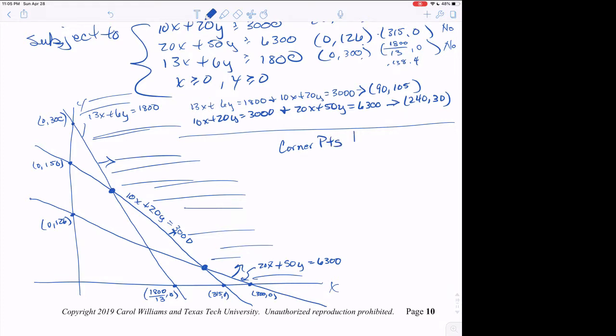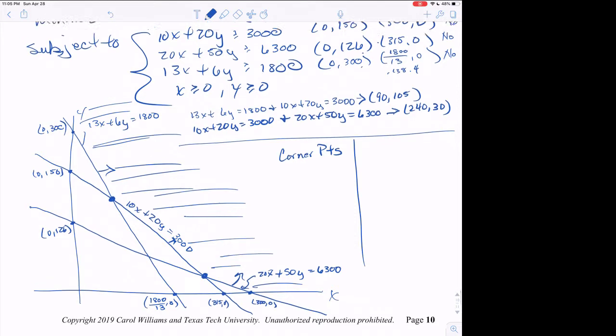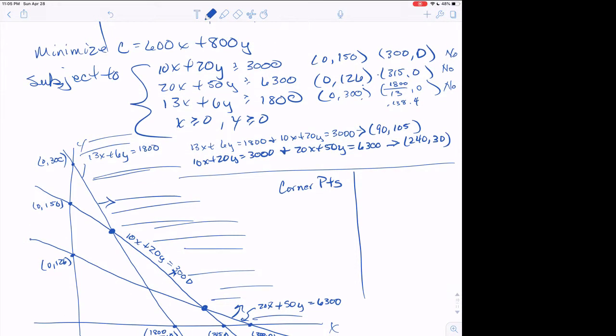All right. So after you've found your corner points, then you put them into your function. And this time we want to find a minimum because we're finding the cost.